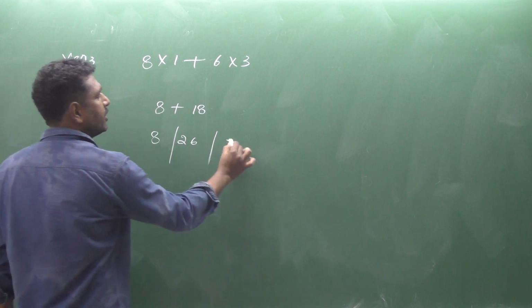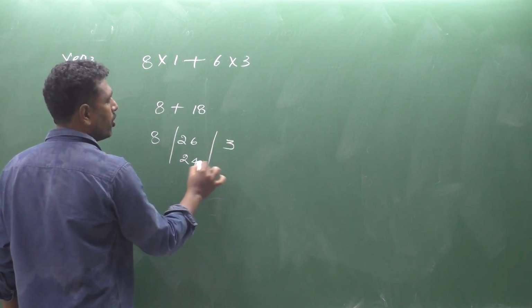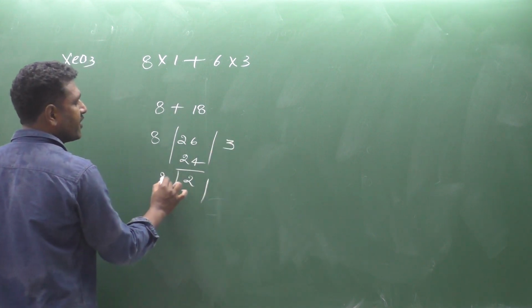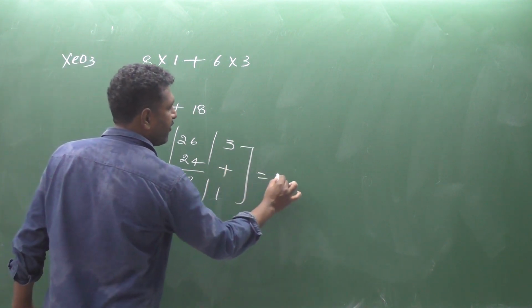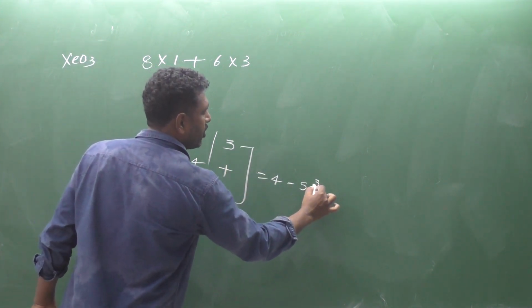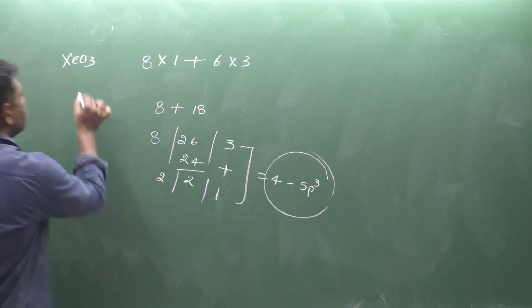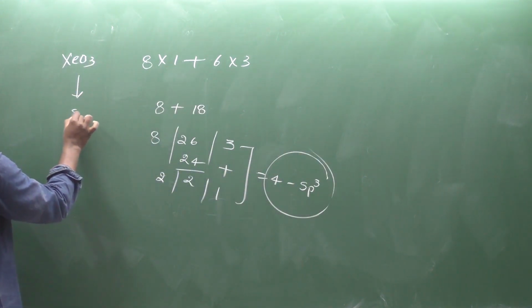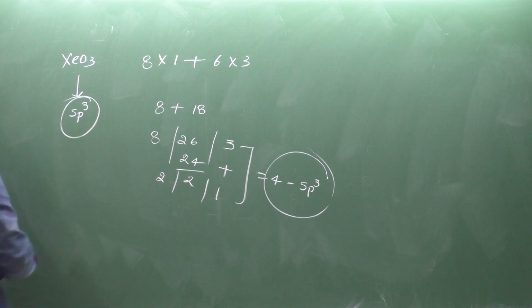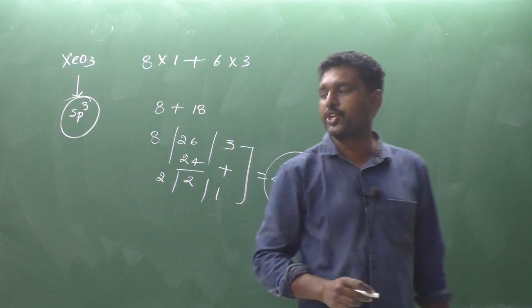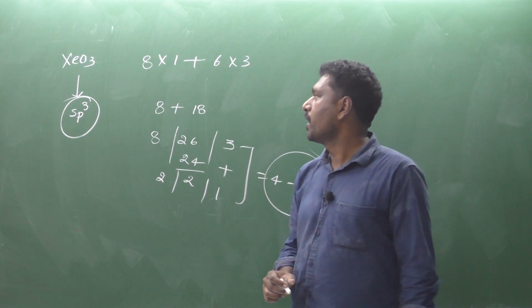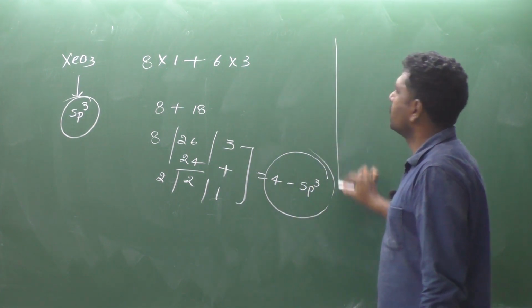Divide by 8, 3 times 8 is 24. The remainder is 2. Divide by 2, we get 1. 3 plus 1, 4. Therefore, this value is 4. Therefore, the hybridization is sp3. Xenon undergoes sp3 hybridization.